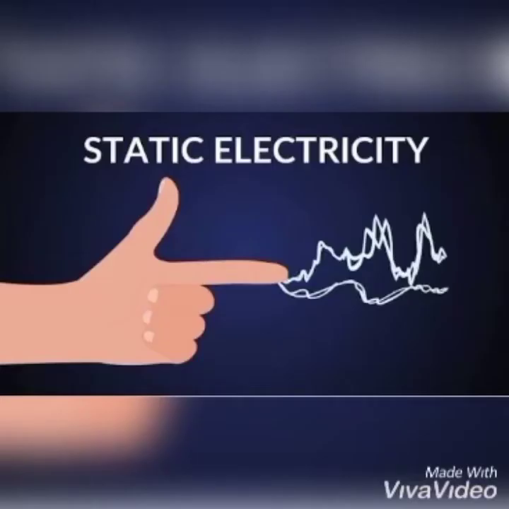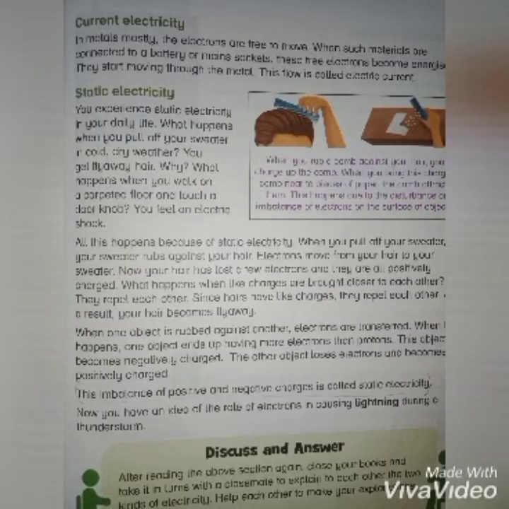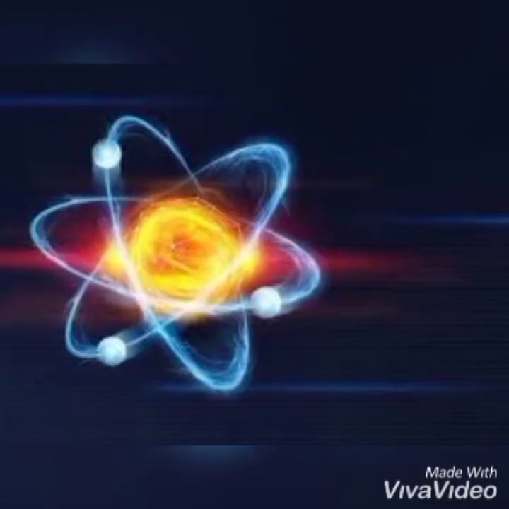When electricity is gathered at one place, it is known as static electricity. The word static means something that cannot be moved. Electricity that moves from one place to another is known as current electricity.